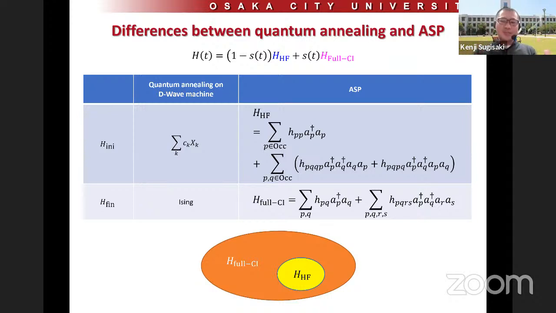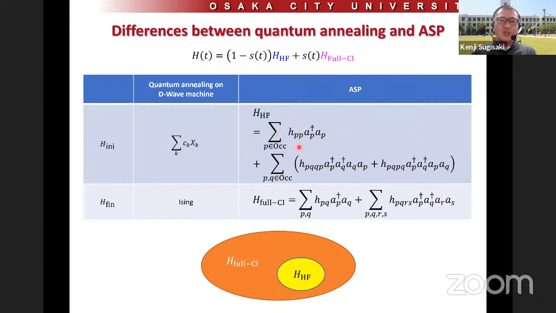But in the ASP, the initial Hamiltonian is also in the final Hamiltonian. The final Hamiltonian includes the Fock operator. So in the ASP, we include the operator included in the full-scale Hamiltonian, but not the Fock operator or correction.